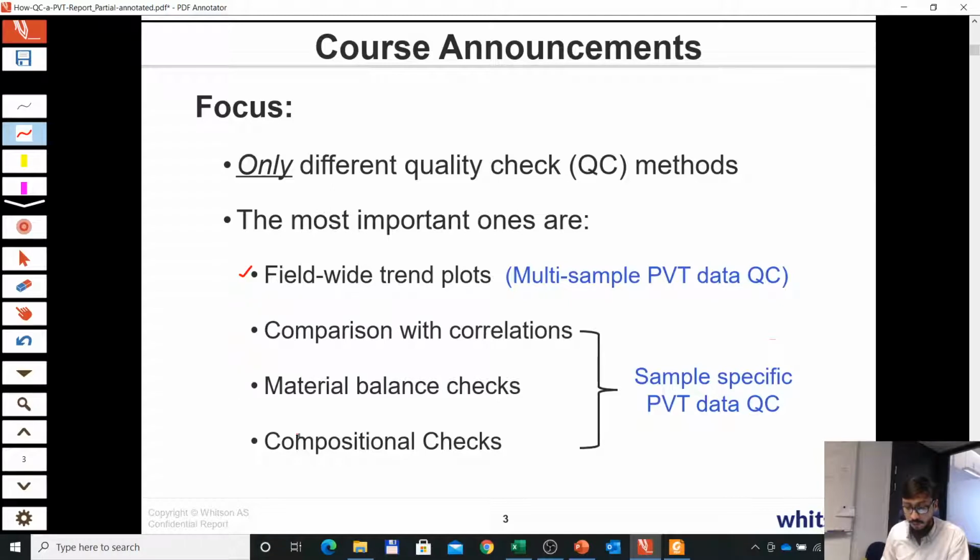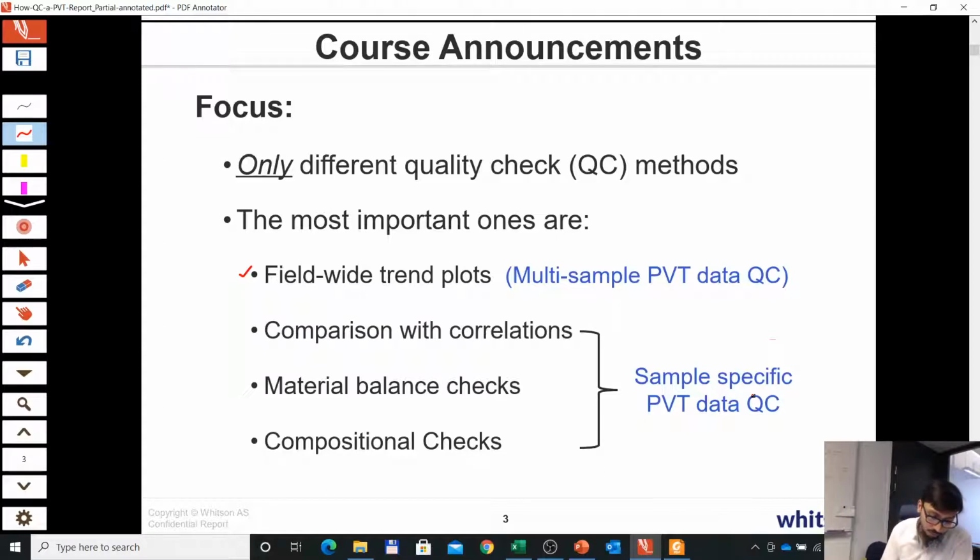You can group them into one category, which is sample-specific PVT data QC, meaning that if you have PVT data on one particular sample and you want to QC the data reported in detail for that particular sample, how would you go about doing it? So we will see what the methods are and how you can use them.